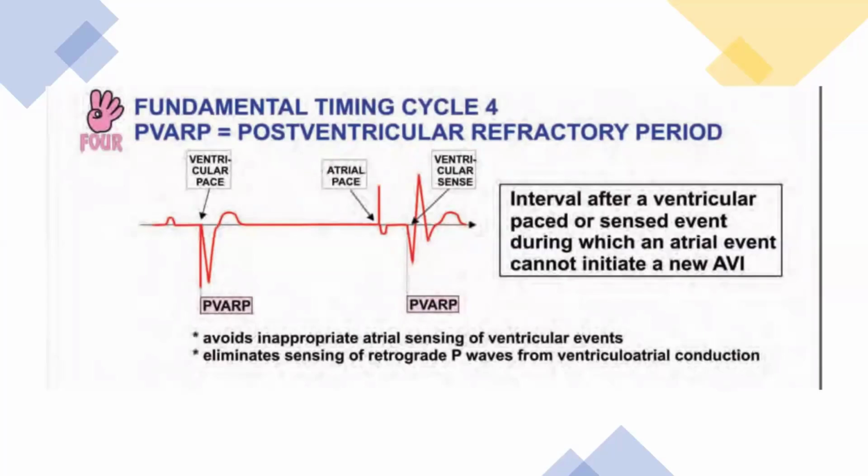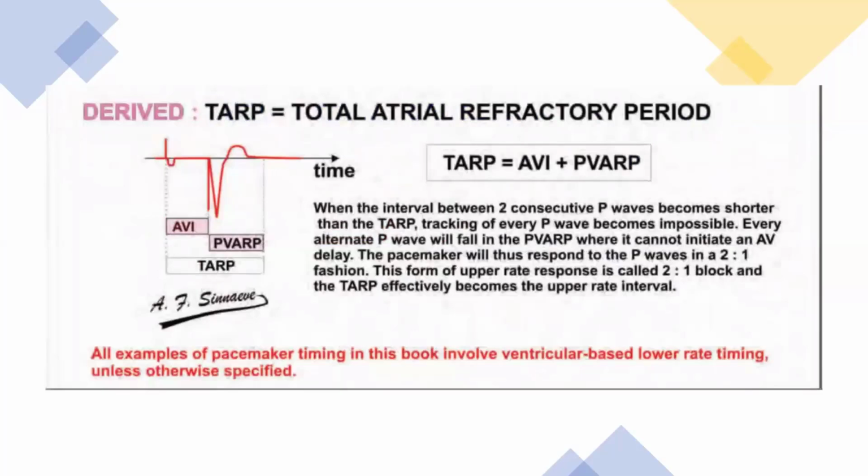So it's like a rest. The atrial channel needs to take every P wave, conduct it, and cause a QRS complex to follow. Then it takes some rest and it's ready again. This rest is called the total atrial refractory period, and it's the sum of the atrioventricular interval plus the PVARP. This is the time in which the device can follow only one P wave. If the AV interval is 200 milliseconds and the PVARP is 300 milliseconds, 200 plus 300 is 500.